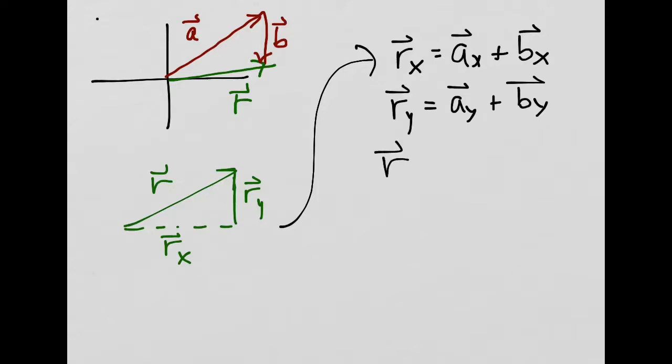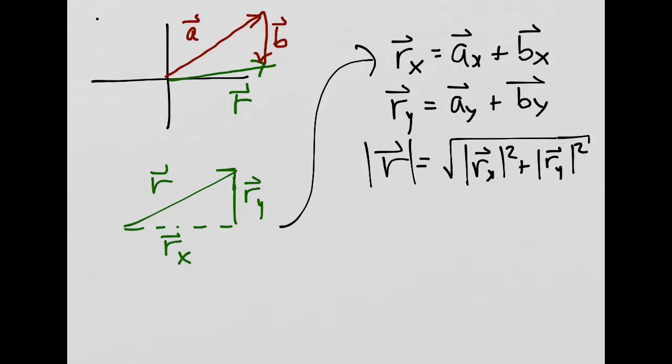And then R is found the same way we did before. It's going to be the square root of the value of x squared plus the value of y squared, and then the angle is going to be the inverse tangent of Ry over Rx.